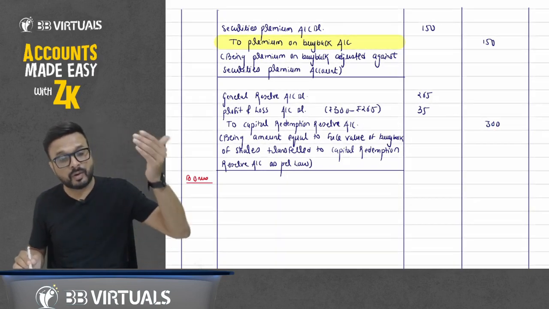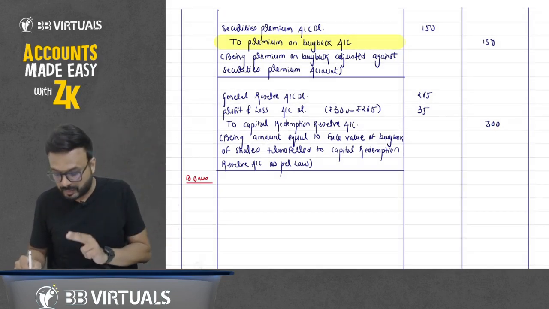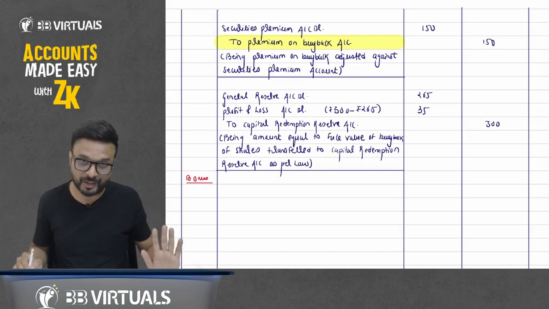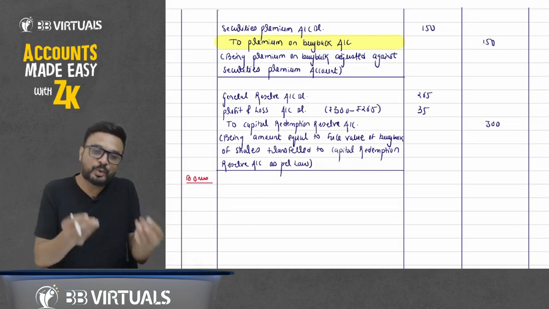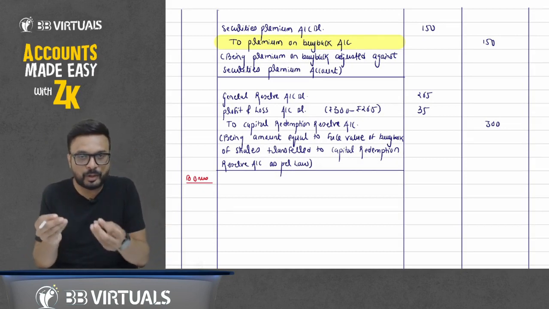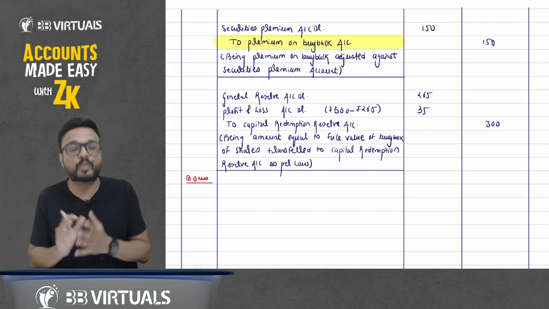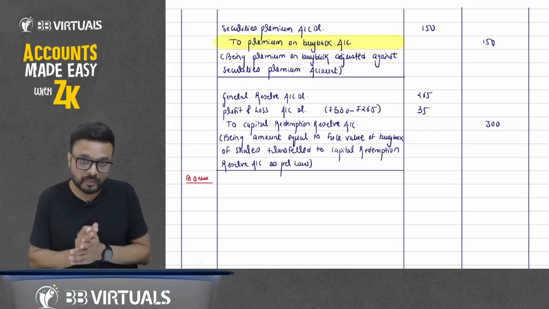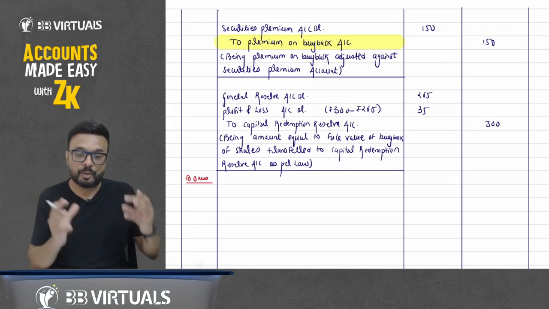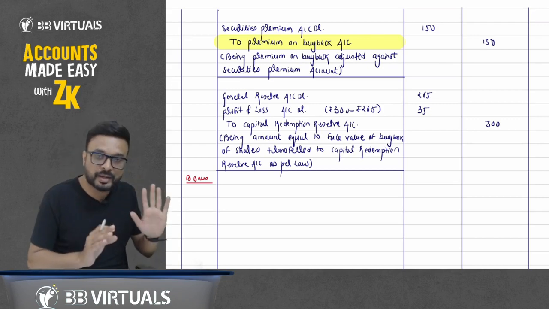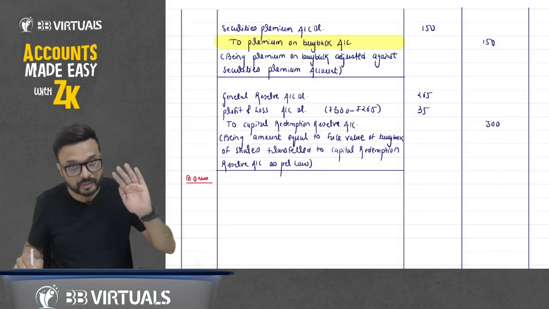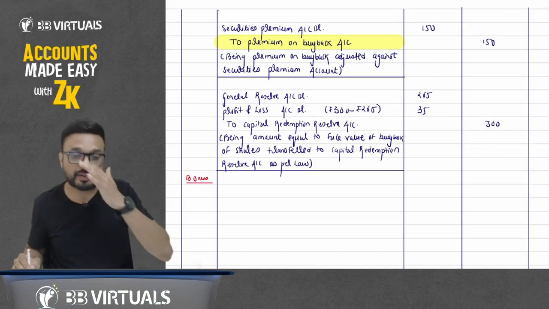So in total you have 500 now. How much do we require? 225, since 22.5 multiplied by 10 comes to 225. We require 225 and we have 500 in CRR.